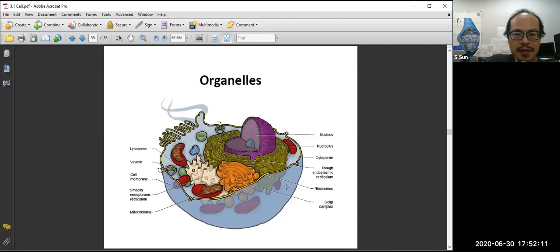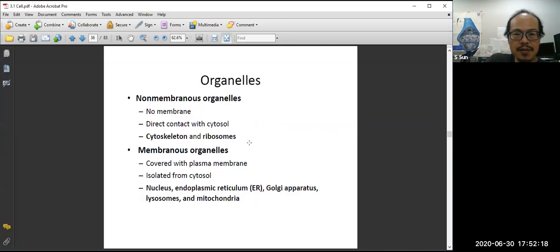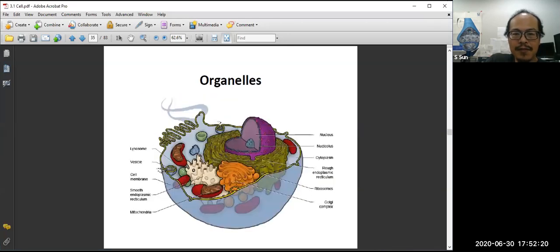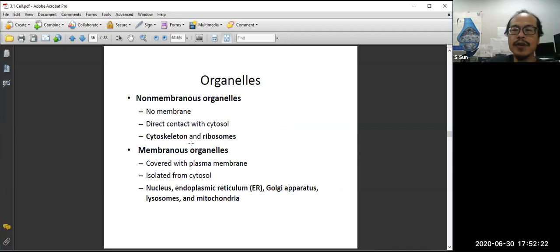And then let's move on to the next one. The next major one is the nucleus. Here is the nucleus. So organelles: we have two groups. One is called non-membranous organelle, the other one is membranous organelle.